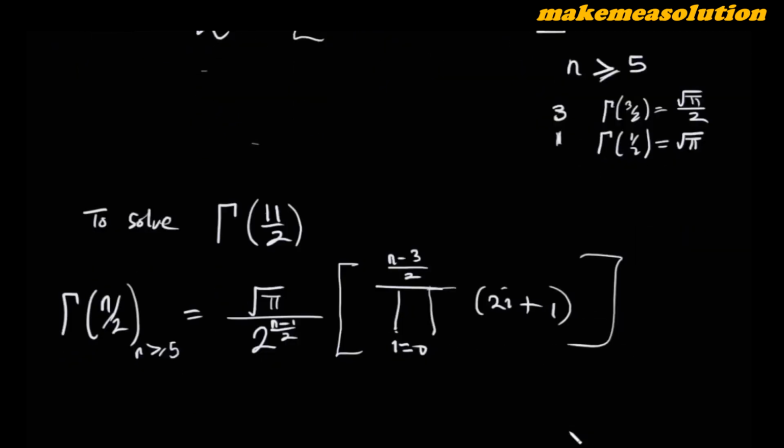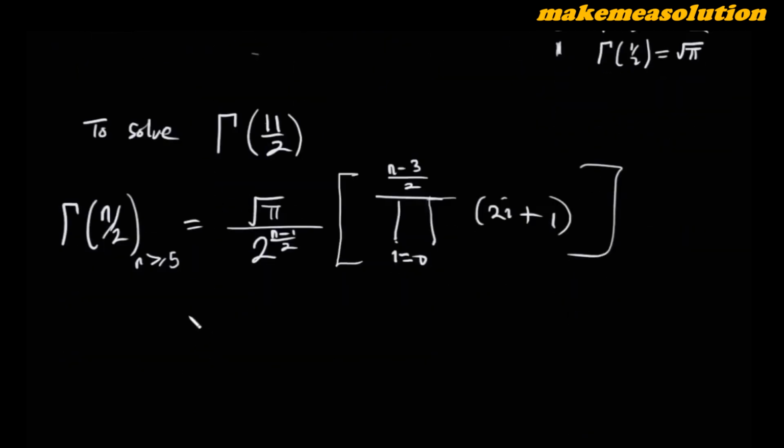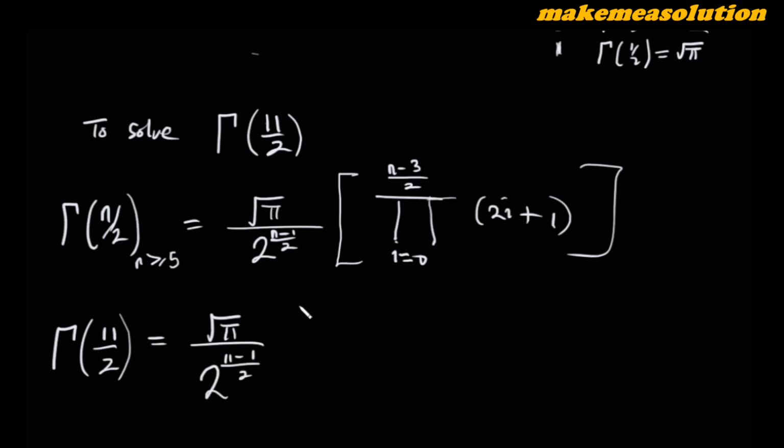So this is going to help me evaluate gamma of 11 over 2. Of course, 11 is greater than or equal to 5. So I have root pi divided by 2 raised to the power of (11 minus 1) over 2. Then I have to evaluate this product, i equal to 0. 11 minus 3 is 8, and 8 divided by 2 is 4.